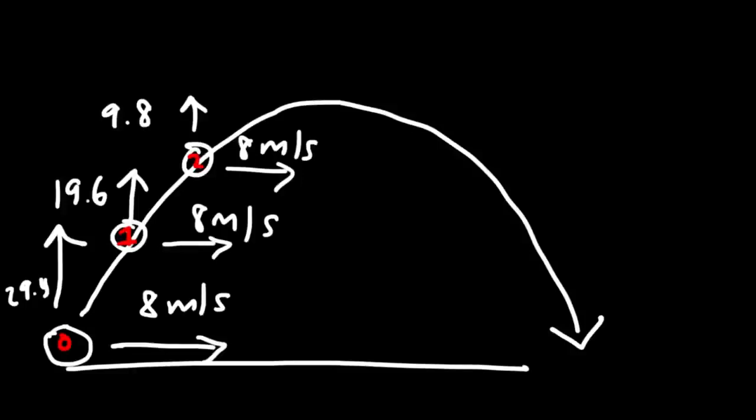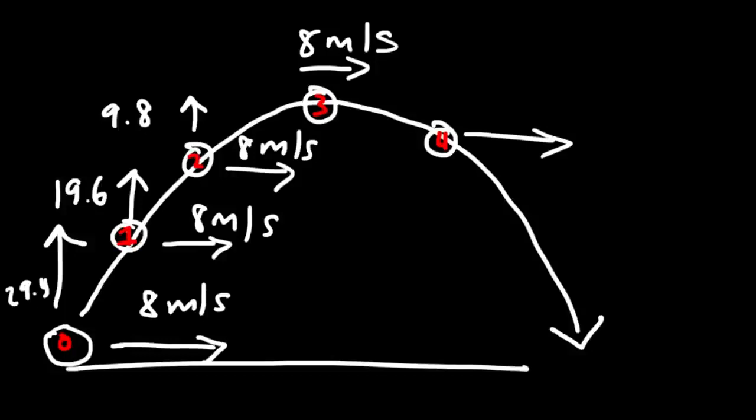3 seconds later, it's at the top. At the maximum height, at the highest point, Vy is 0, so it's not going up anymore, but it's still moving to the right. So it's still moving at 8 meters per second to the right, so that's Vx. Now, 4 seconds later, what do you think is going to happen?